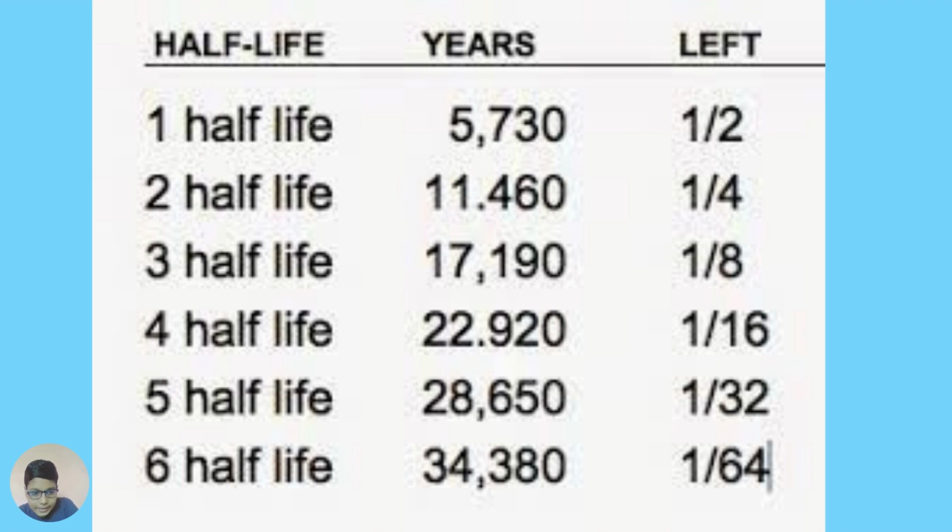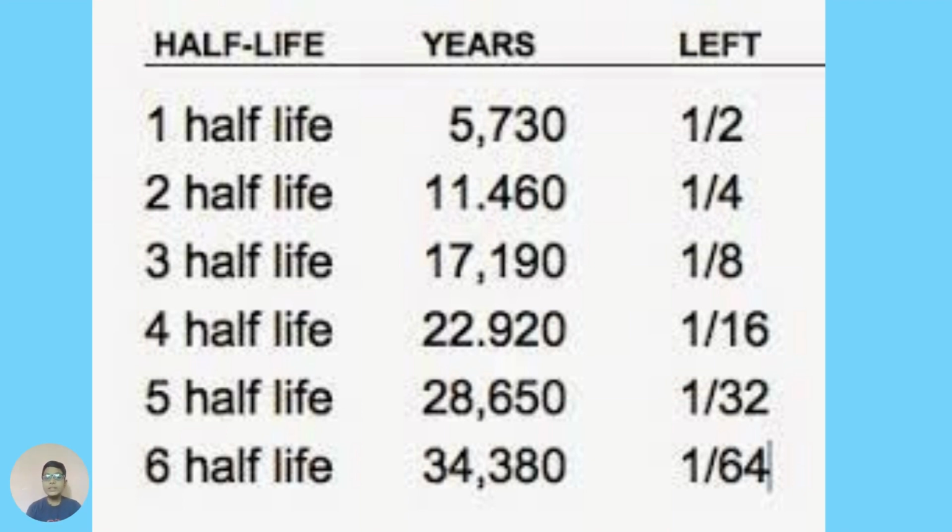And after that, the process continues until the sixth half-life, after 34,380 years, where only 1 upon 64 of the atoms are there. So this is how the graph goes from the top to the bottom.